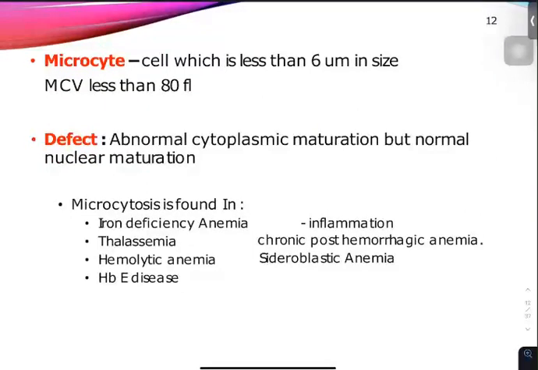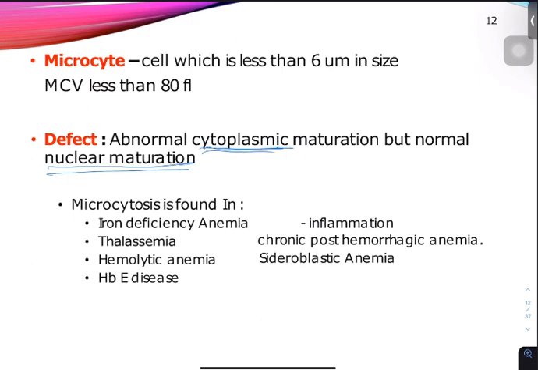While your microcytes are less than 6 micrometer, and your MCV is less than 80 femtoliter, the abnormality is found in the cytoplasmic maturation, but normal in your nuclear maturation. So magkabaliktad si macro and micro.